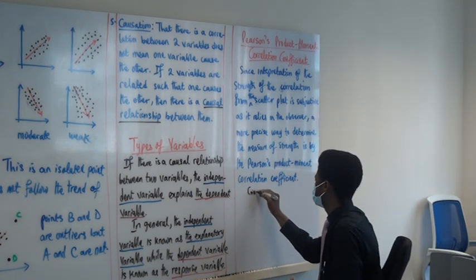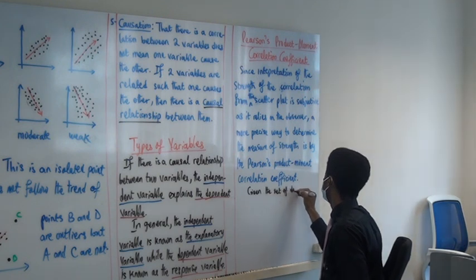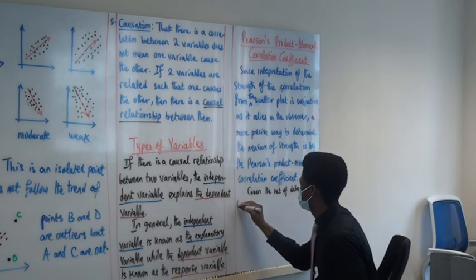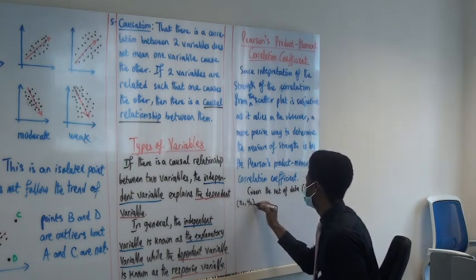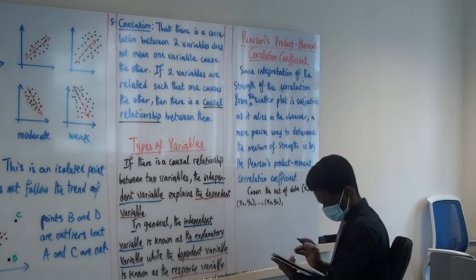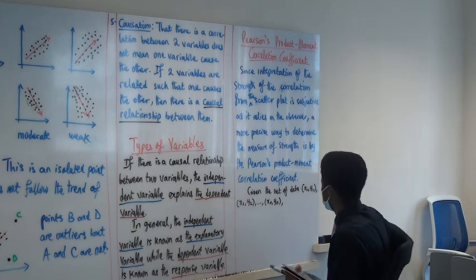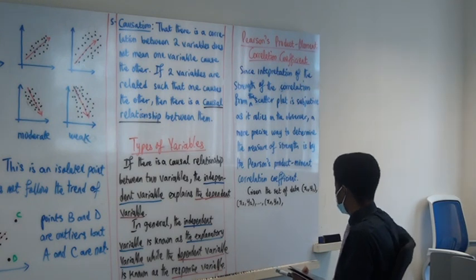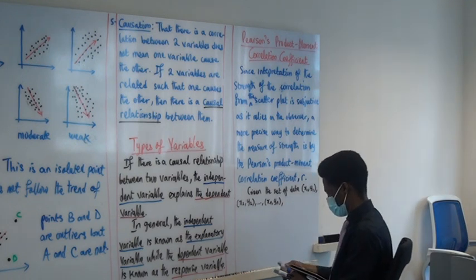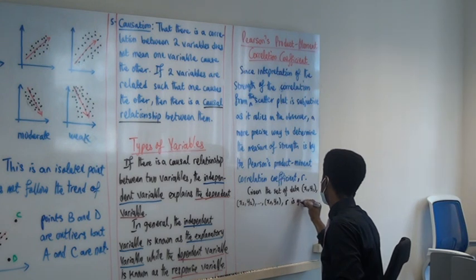Given the set of data x1, y1, x2, y2, up to xn, yn. Maybe I put the letter r here already, so I don't have to write so much. Small letter r.